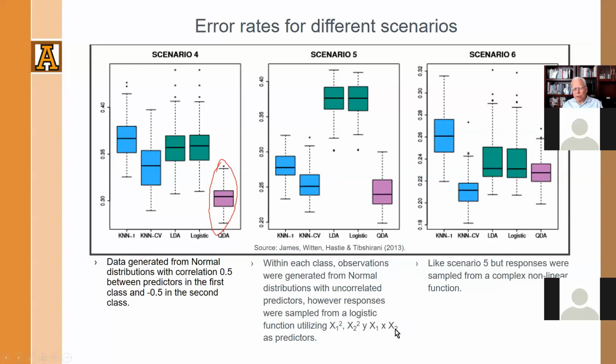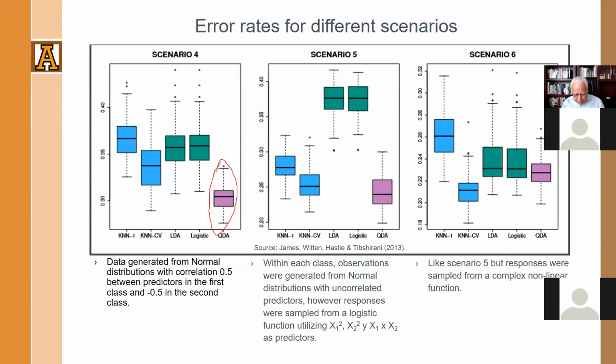So in this case, quadratic discriminant analysis does very well, right? Because in essence, quadratic discriminant analysis is fitting a quadratic form to find the boundaries between the two classes. So quadratic is the best case there.